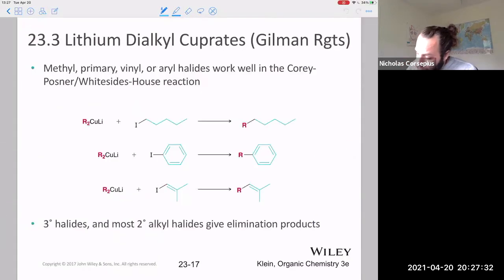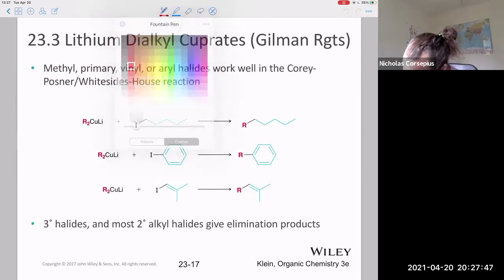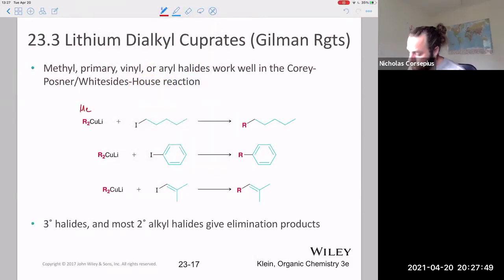And what's going to happen is you're very simply forming new bonds here. So again, this is sort of a powerful way of forming carbon-carbon bonds because there aren't any other functional groups that necessarily have to be present, right? So for example, if your R was, you know, a methyl group or something like that, you've now created a very simple alkane using this Gilman and an alkyl halide.